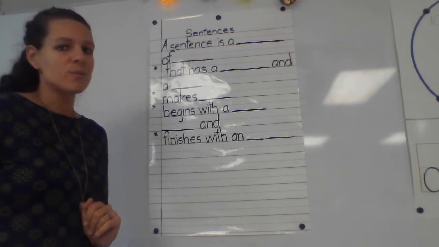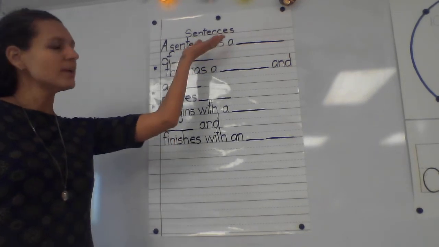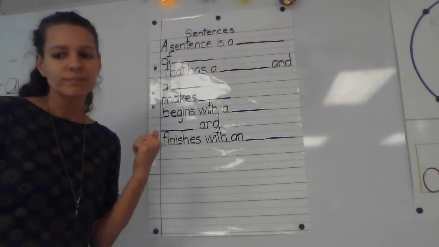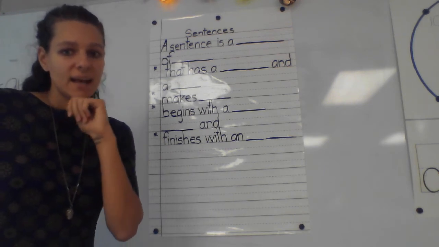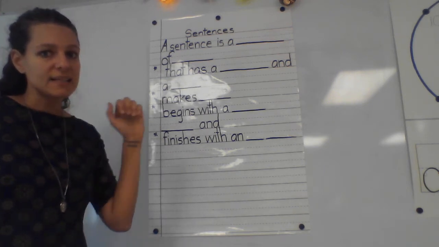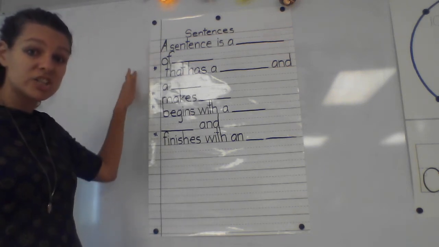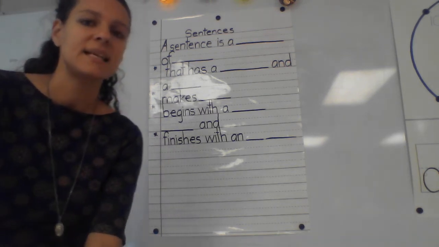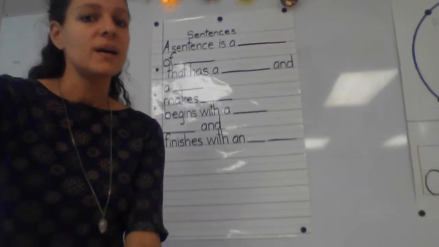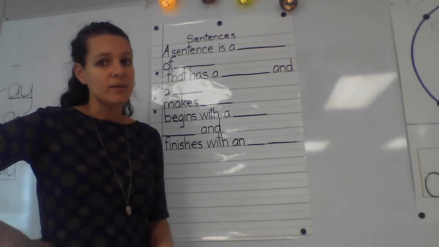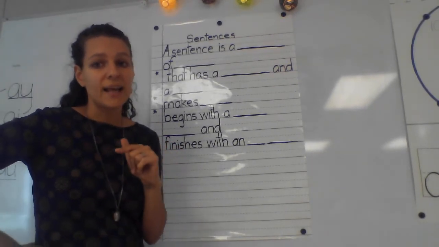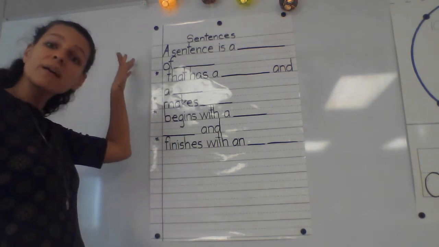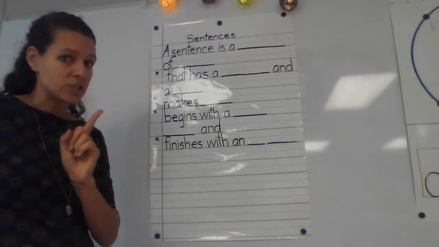So today we are going to go over again our sentences. All right, because I've been noticing that some of us are forgetting to check that we have all 5 things that a complete sentence needs. All right, so we're going to go over it again. And then when you write a sentence after that, I'll leave this up here and you need to use it to check.